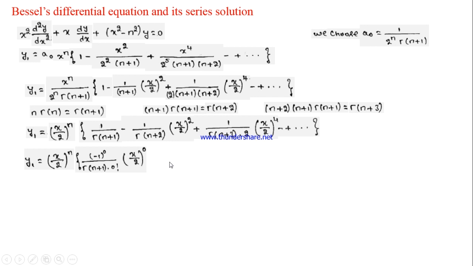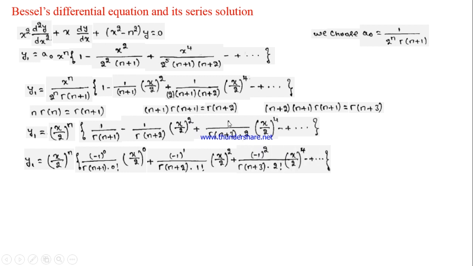And we will rewrite this one as plus minus 1 power 1 divided by gamma of n plus 2 into 1 factorial into x by 2 whole square. And this term as minus 1 square divided by gamma of n plus 3 into 2 factorial into x by 2 power 4 and so on.